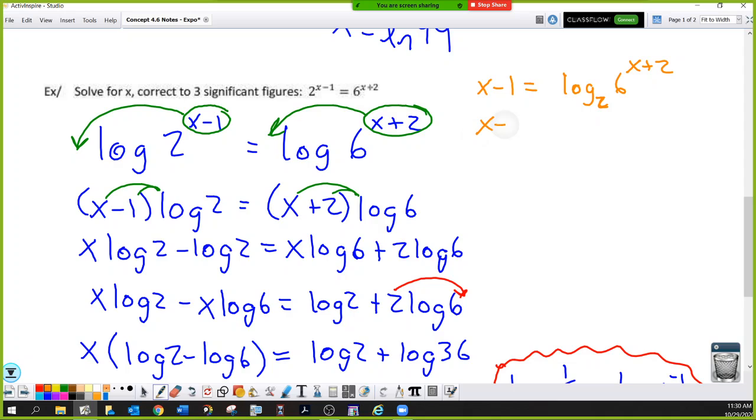So x minus 1 equals x plus 2, log base 2 of 6. You'd still have to distribute the log base 2 of 6, and you'd have to gather all your x's to the left side. So I don't think it would have been any faster. It would have gotten you to the same answer.